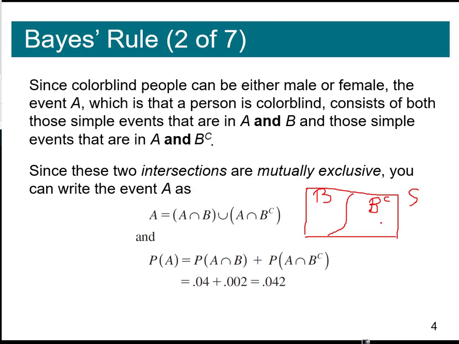So we see that if we have a set A like that, A can be written as the union of the part of A that intersects B with the part of A that intersects B complement.